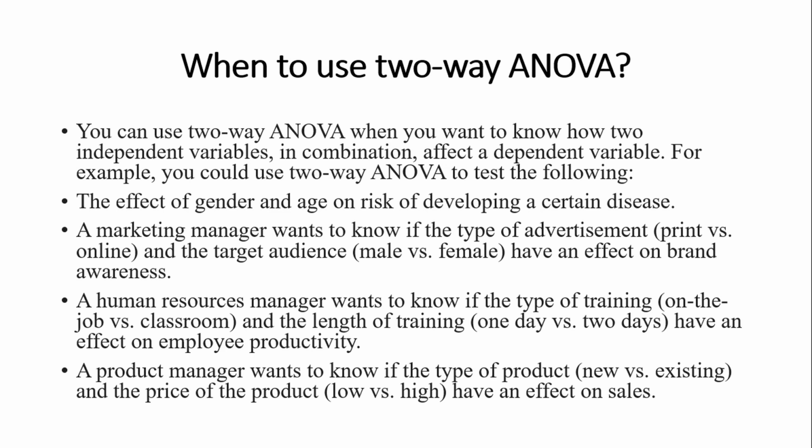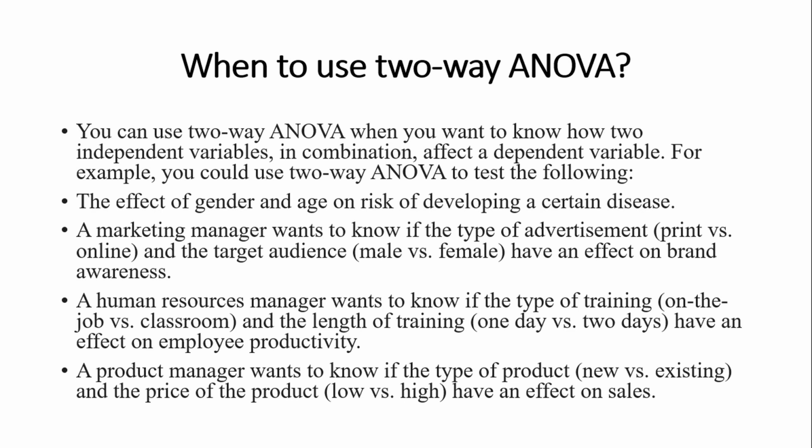When to use two-way analysis of variance? You can use it when you want to know how two independent variables in combination affect a dependent variable. For example, you could use it in the situations given below. The effect of gender and age on the risk of developing a certain disease.